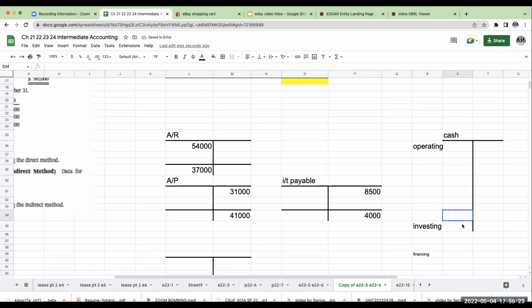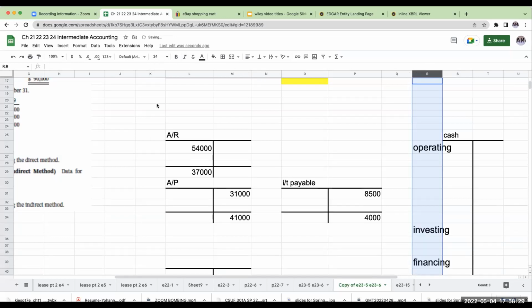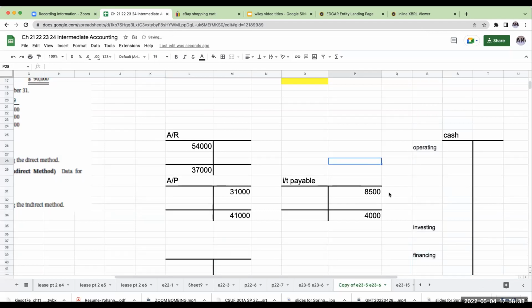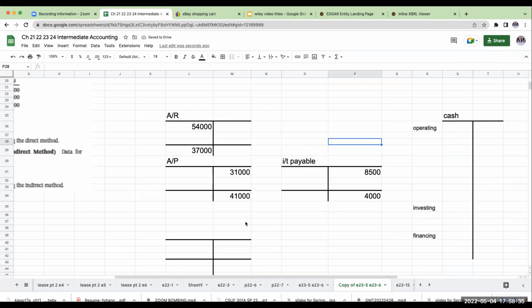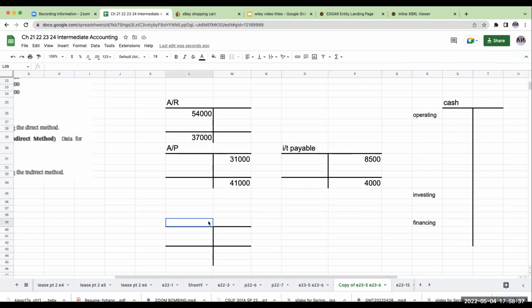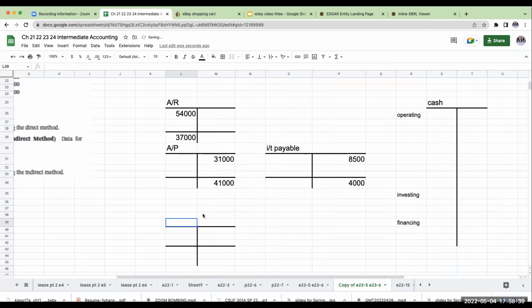The reason I like to do it this way is that cash flows are one of the things that really troubles us as accountants. I've actually met accountants that don't know how to do this, so we're going to teach you how to do it today, and it's going to be some fun. In this particular example, when I do a cash flow statement, I analyze the different balance sheet accounts.